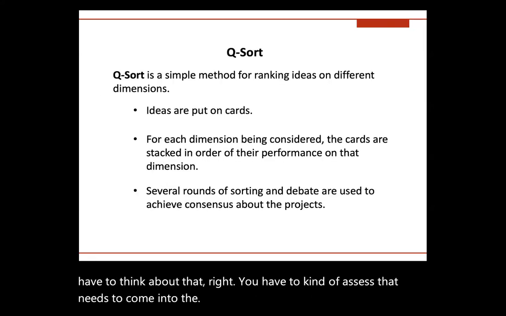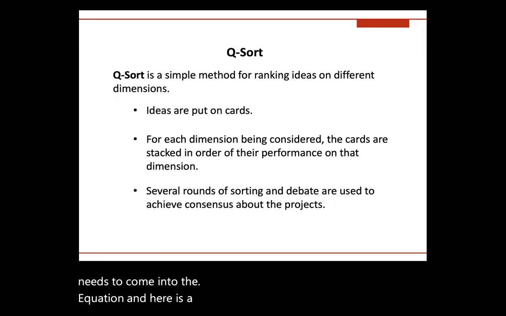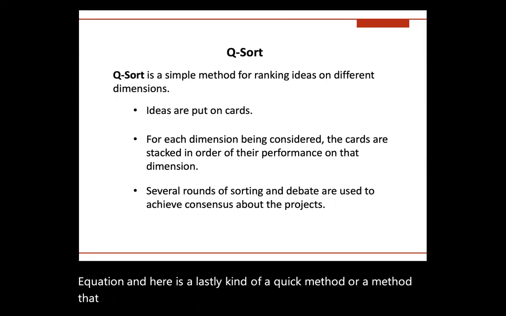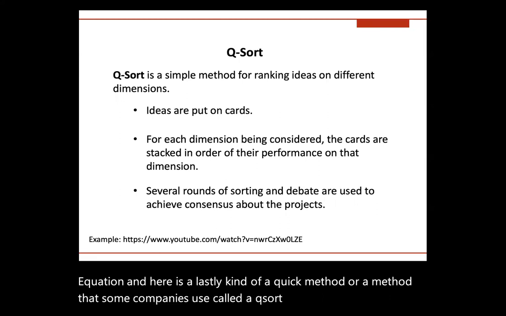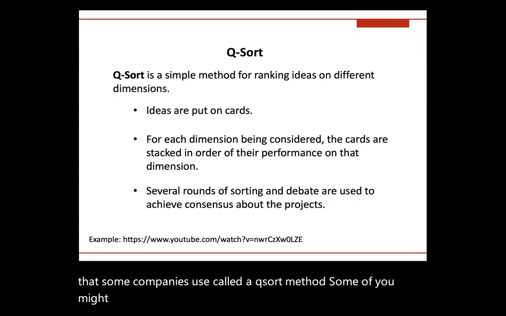And lastly, here is a quick method that some companies use, called the Q-sort method. Some of you might have seen it in research as well. The idea is that we want to rank ideas, back to when we discussed creativity.